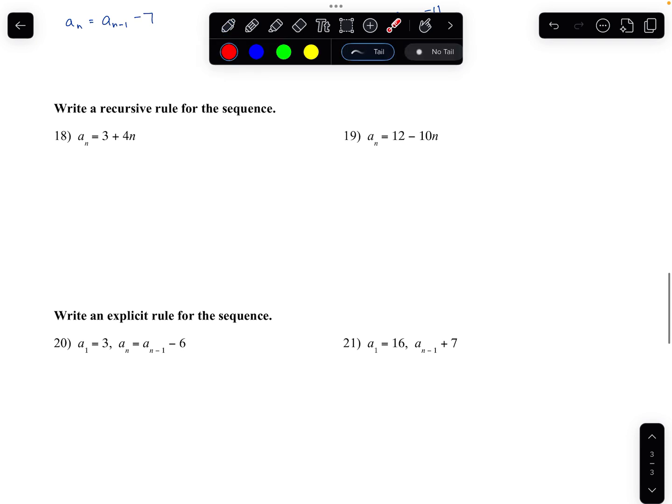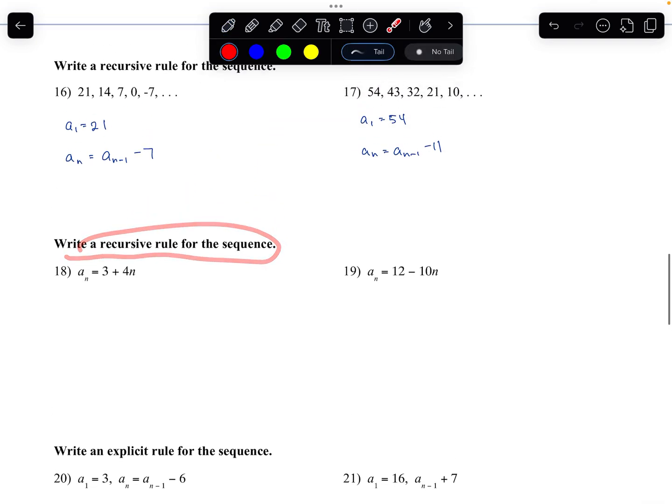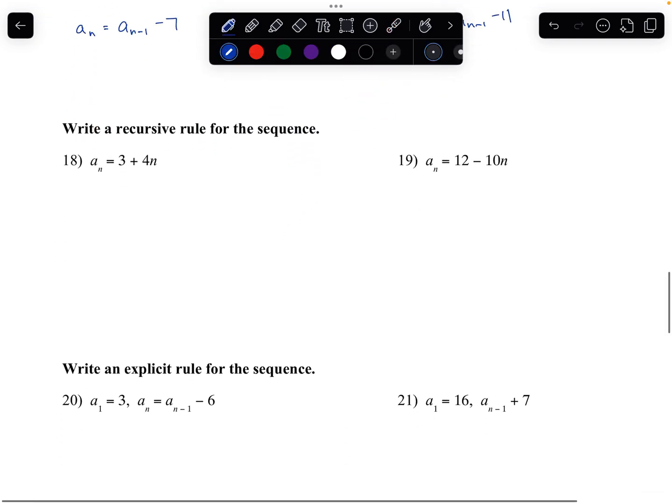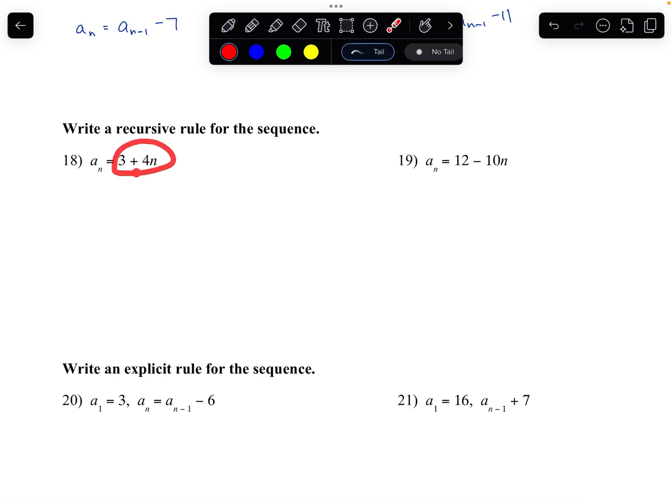And this one right here, write a recursive rule. Oh my gosh, we're still writing recursive rules. Oh, so this right here is an explicit rule, but it wants us to write a recursive rule. I can tell that the common difference here is equal to 4. The first term though, a sub 1, would be equal to 3 plus 4 times 1, which is going to be equal to 7.